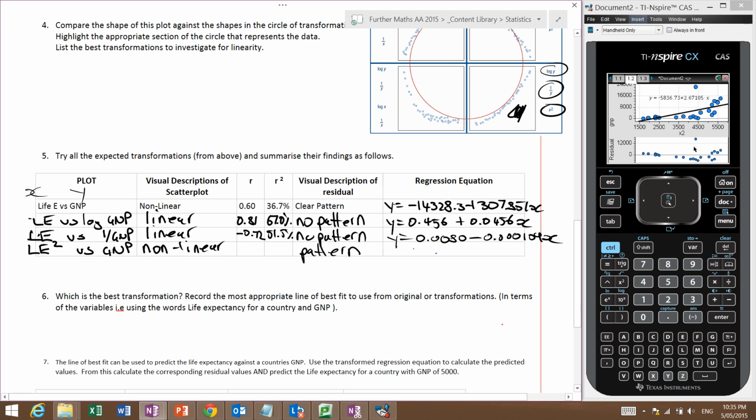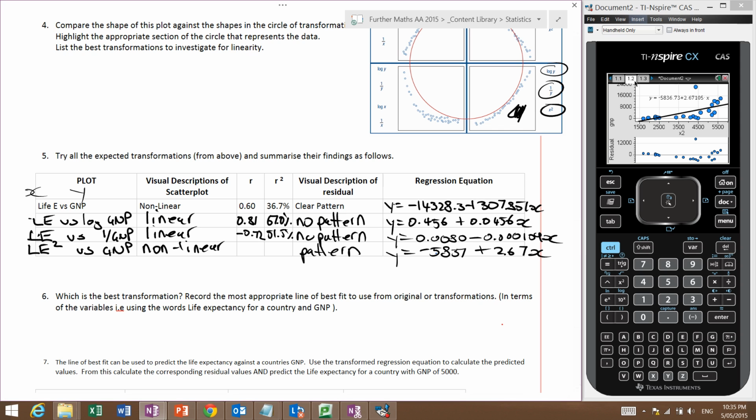Okay, our formula is y equals negative 5836 plus 2.67x. Okay.